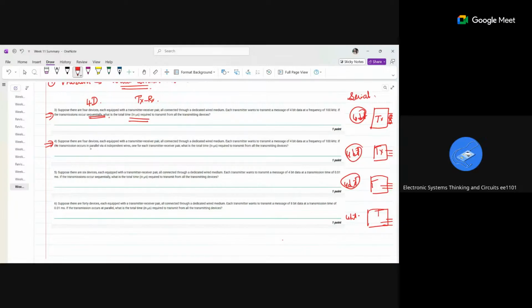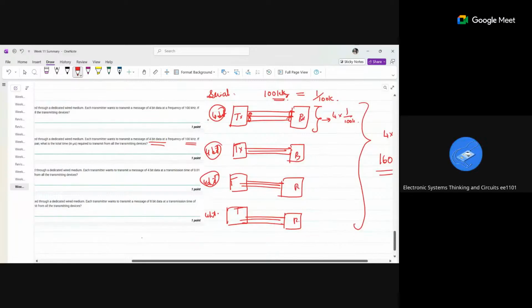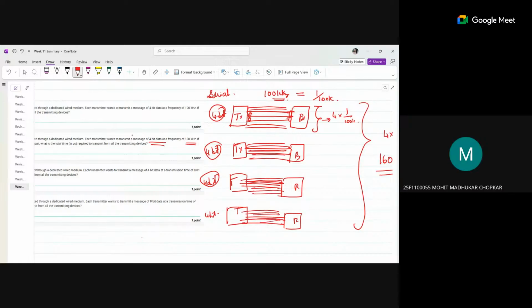Because see, 4 devices, each equipped with a transmitter receiver pair. They also want to send the 4 bit data at 100 kHz. There are 4 independent wires, one for each transmitter receiver pair. Only parallel transfer. At one time, it will transmit all data.